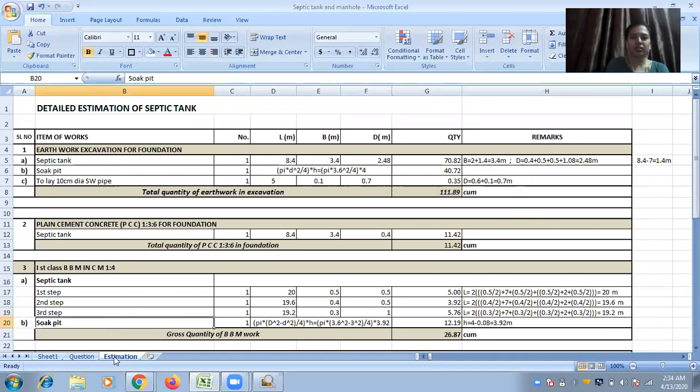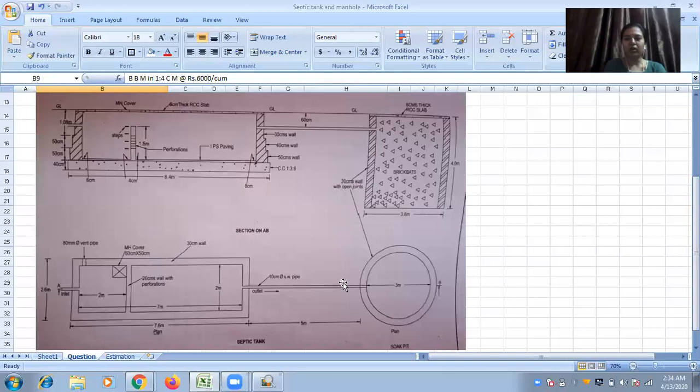Next, brickwork is used in soak pit construction. It is in circular shape, so we need to use pi d square by 4. But here only the wall thickness is created with brickwork.